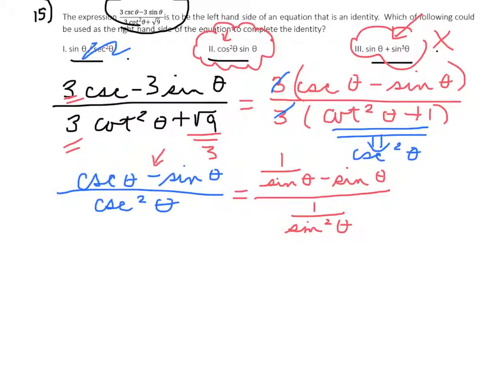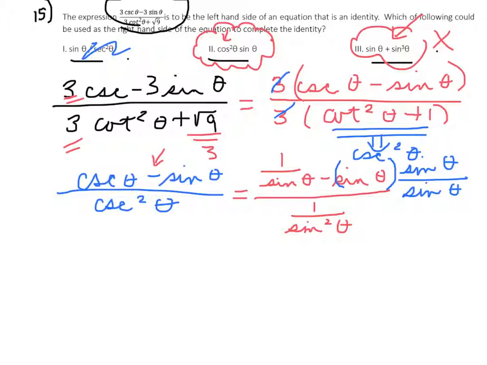The first thing I'm going to do is try to get the top to be a little bit more together. If I want to combine the top together, I'm going to need to get a common denominator. So I'm going to multiply this by sine of theta over sine of theta. This is going to help me get a common denominator on the top where I can combine those terms.